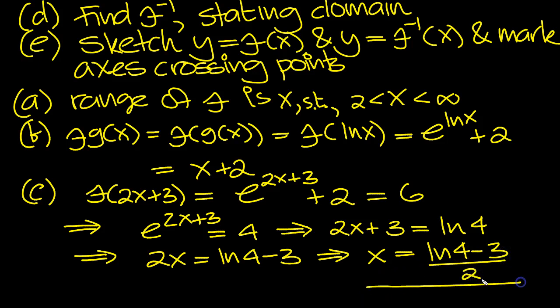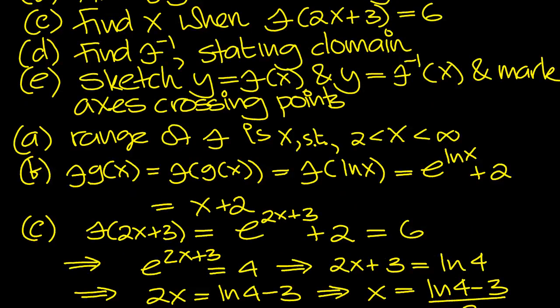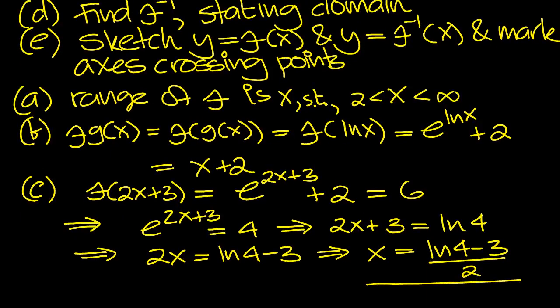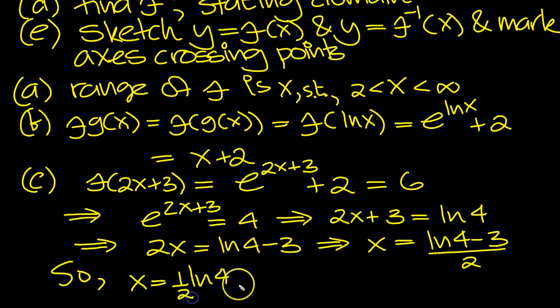So there's our x value for part C. We could actually tidy that up just slightly. x is equal to, split the fraction up, a half of ln 4, minus 3 over 2. That's part C.